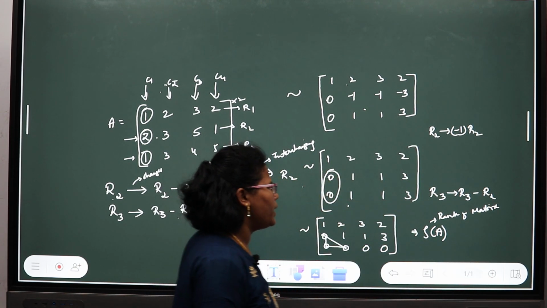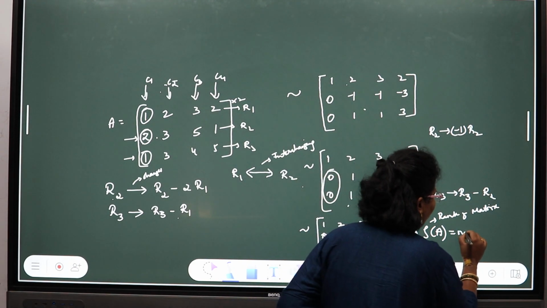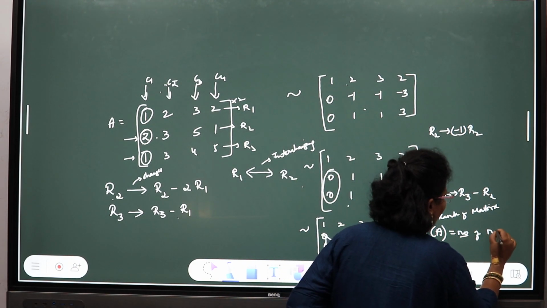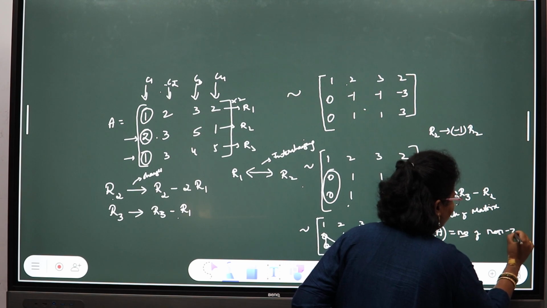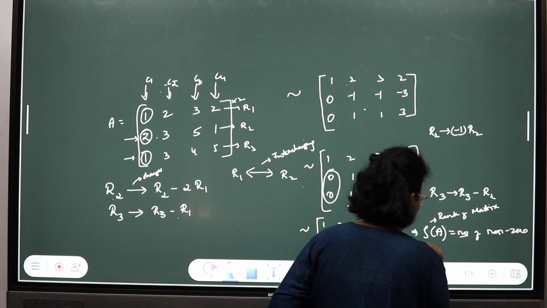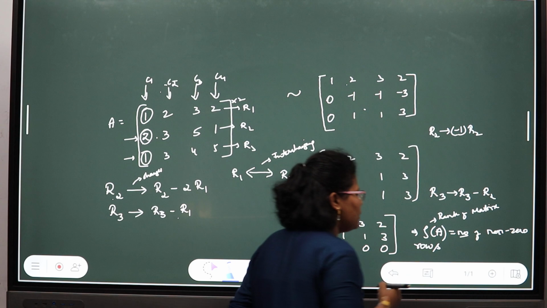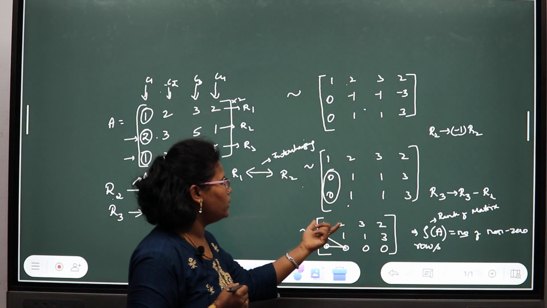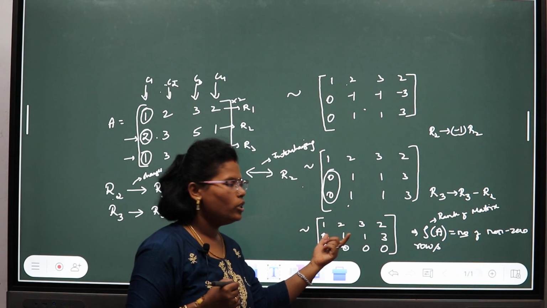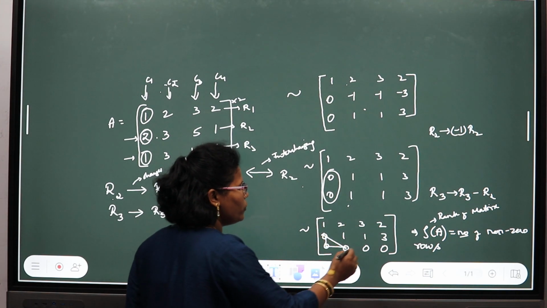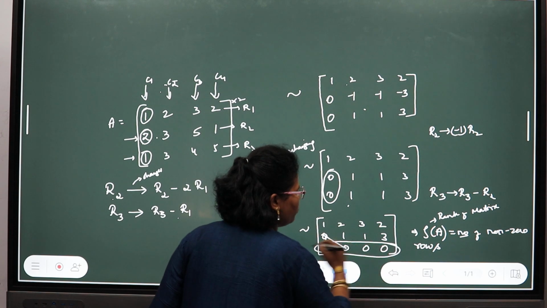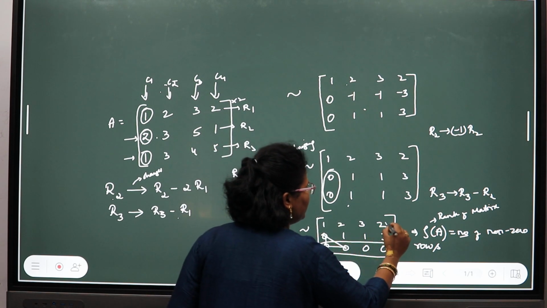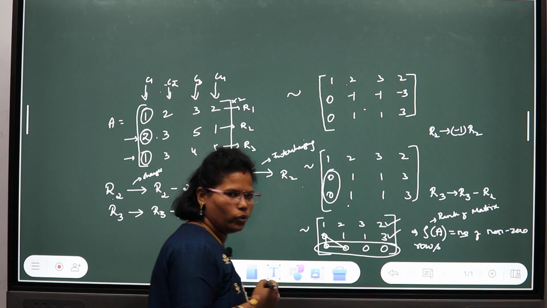How to find the rank of a matrix? It is nothing but the number of non-zero rows. Observe, non-zero rows means I have to count the rows which have non-zero entries. So I have to eliminate the rows containing all 0s and count only the non-zero rows.